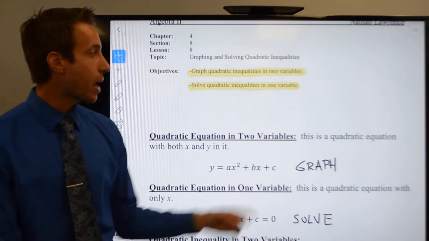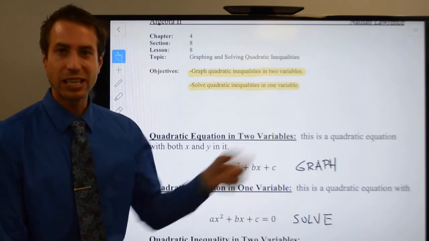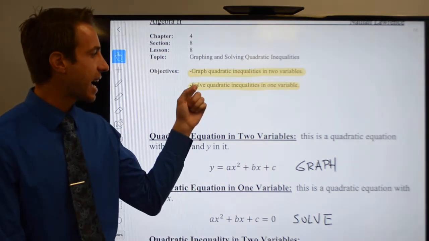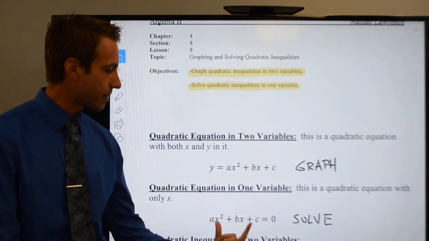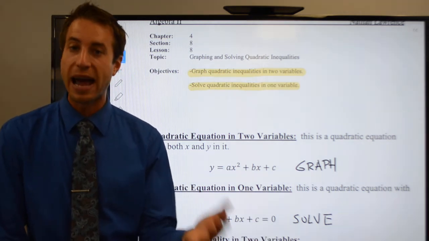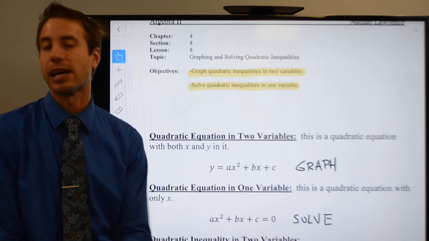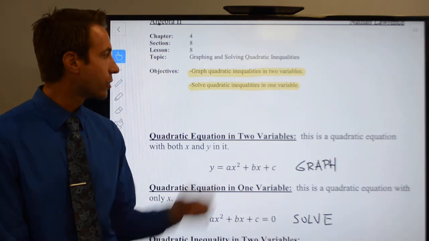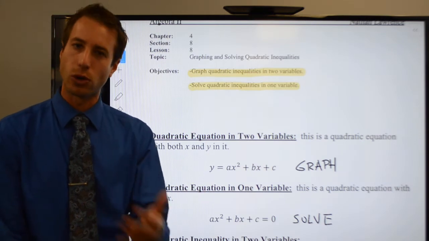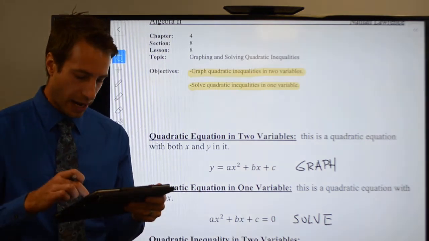But if it's a quadratic in one variable, you won't be graphing. You could if you wanted to, but instead you'll be solving, because anytime they take a quadratic and set it equal to 0, they want you to factor the quadratic and find the x-intercepts. They want you to solve, and that's why it says solve quadratic inequality. All you have to do is add the inequalities, and I'll show you that right now.